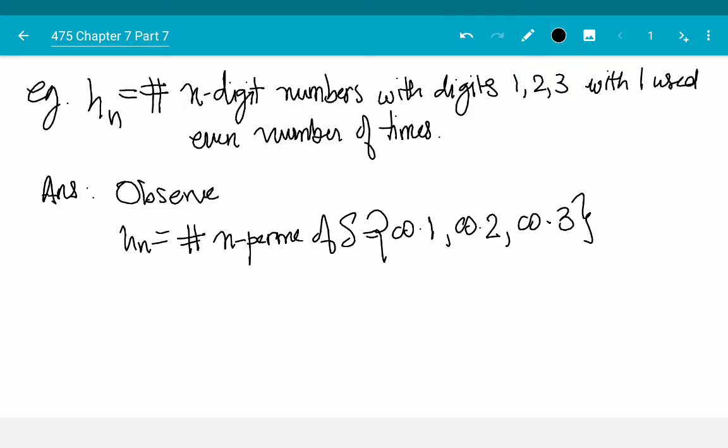Right? Each of these have infinite repetition allowed, with 1 used an even number of times.